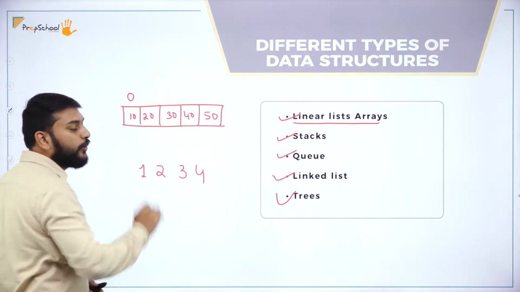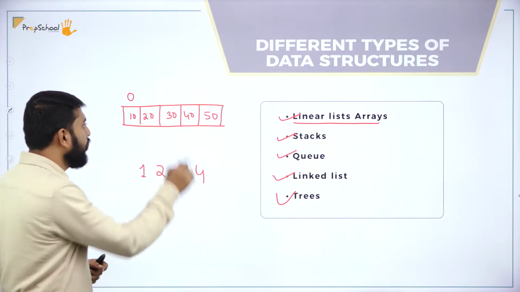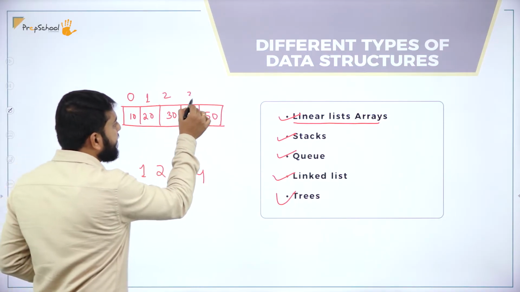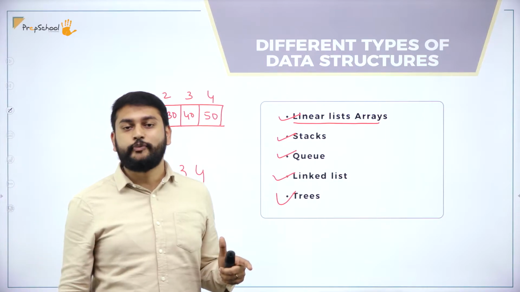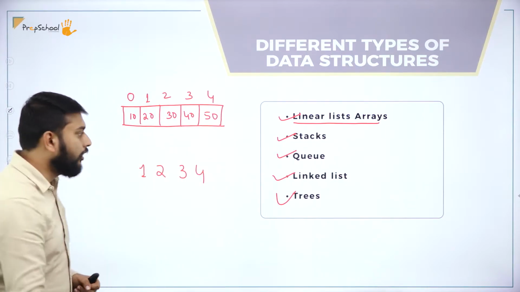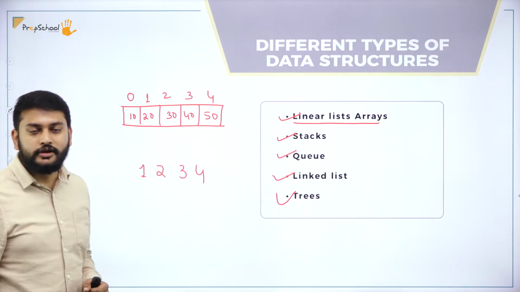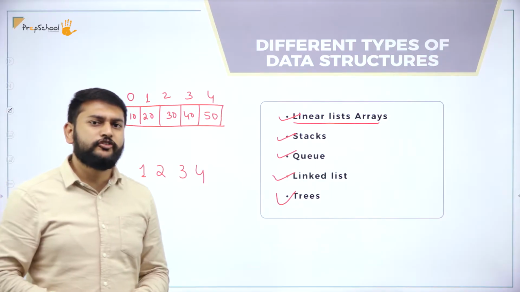The index always starts from 0: 0, 1, 2, 3, 4. This is what you need to remember about the index. Remember that all the data I'm storing here should be homogeneous. What is the meaning of homogeneous?